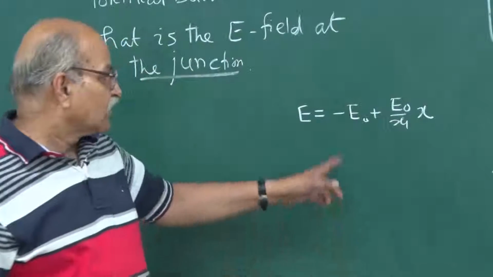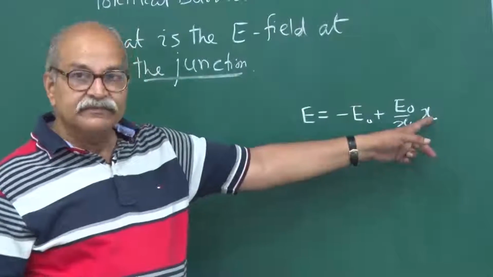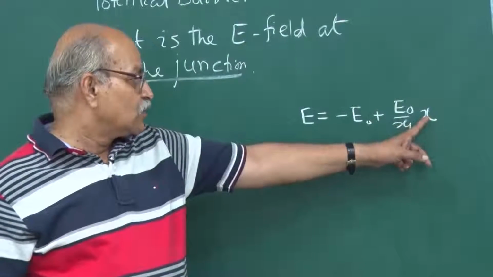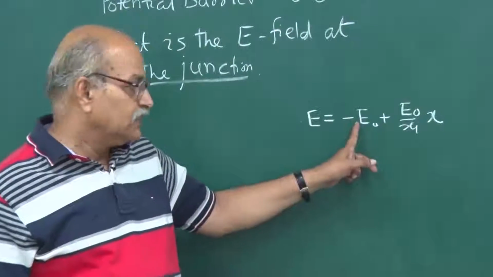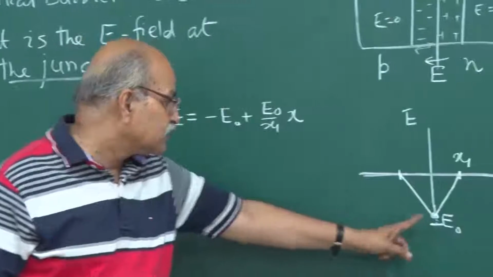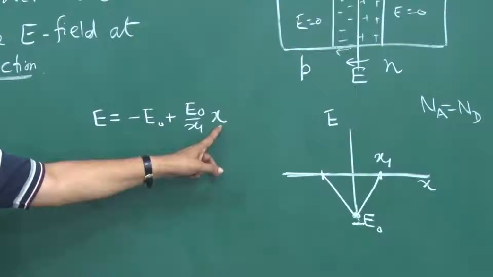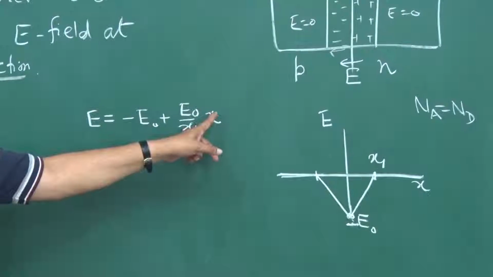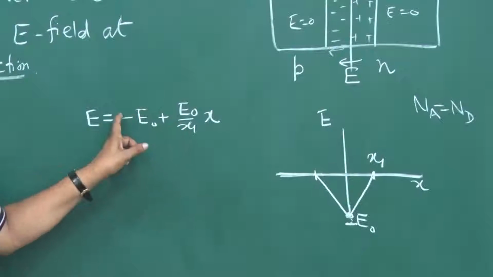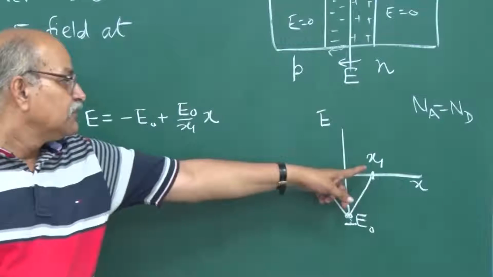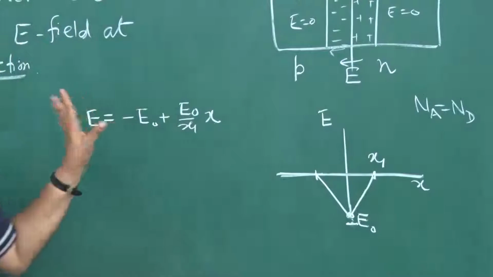Just check: at x equal to 0, E is minus E naught, and at x equal to x1, x over x1 is 1, so minus E naught plus E naught is 0, and it is linear. So this is the equation.